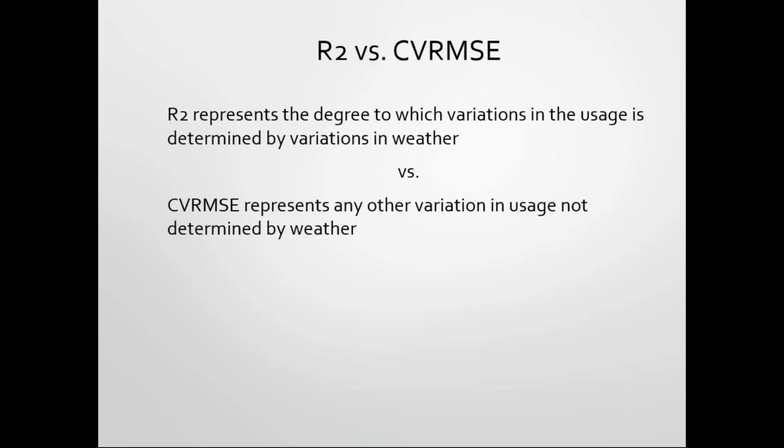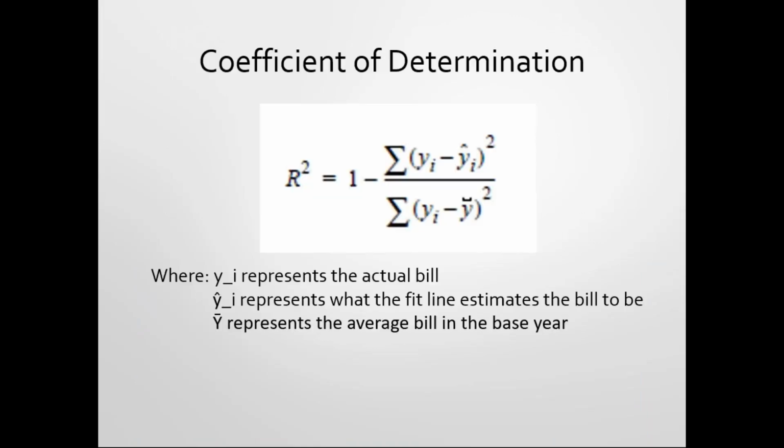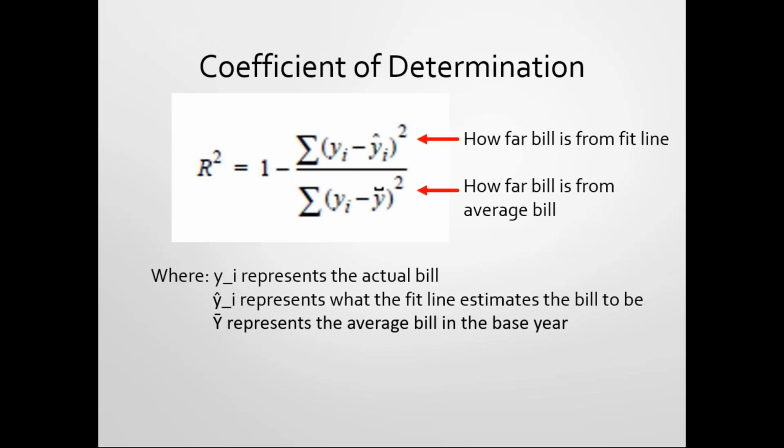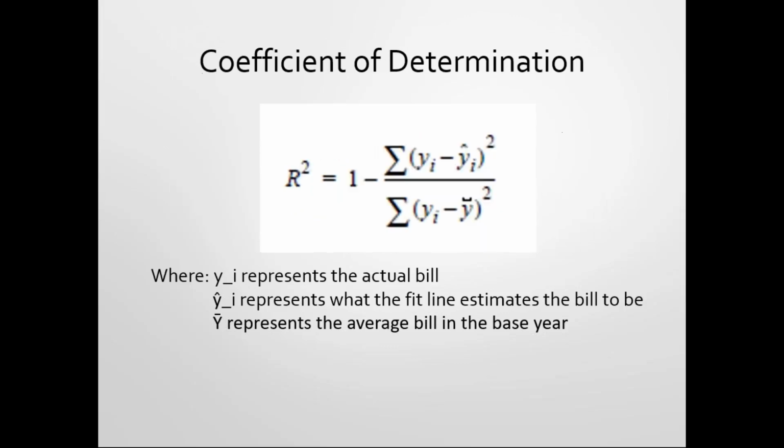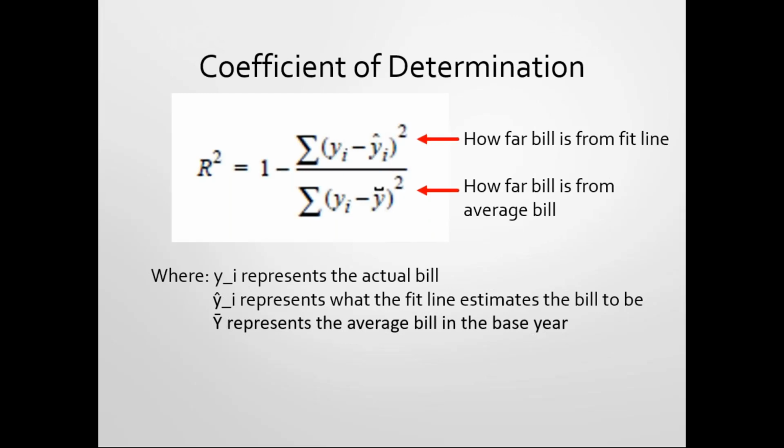So this is what I've already said; I'm just kind of restating it. But let's look at these equations. So here's the R squared, the official name coefficient of determination. We call it R squared value. I don't know if this is my latest slideshow, but I guess it is. Okay, so what's interesting here is the top part of this is how far the bill is from the fit line.